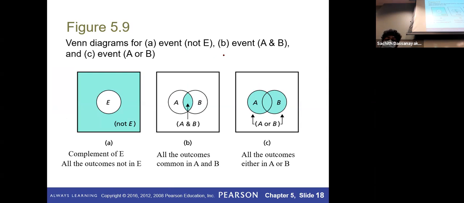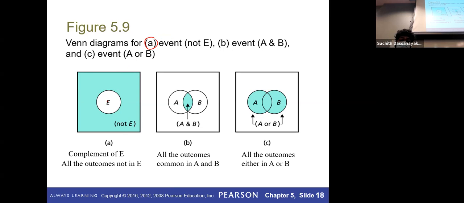Let's check this one. You have three Venn diagrams based on different events. Events are written in capital letters. Consider the first one, not E. You have your sample space, this box, a rectangle or any shape as I mentioned.